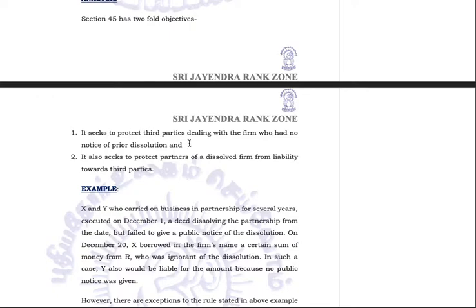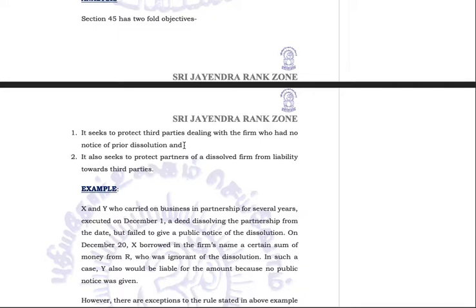It is trying to protect the third party with which one partner of the firm has dealt, expressing himself as the partner of the firm and that the firm is still continuing, by showing that he has continued with the business relationship with them. So this section is trying to protect them from such kind of fraud.